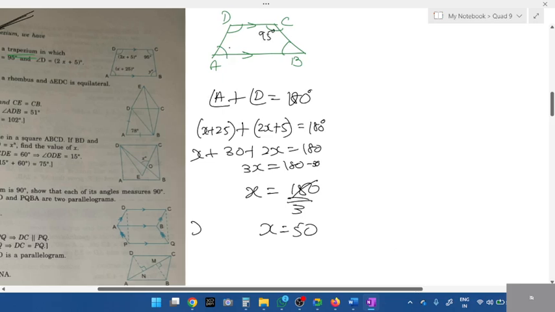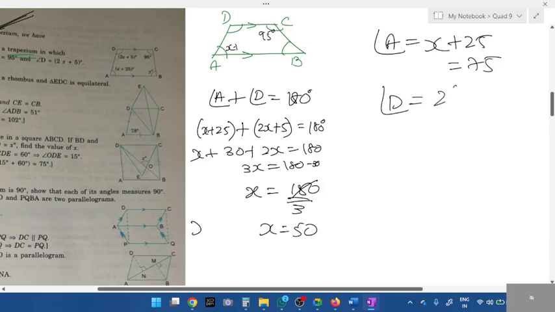So 95 is given. Tell me the value. x plus 25, what is angle A? x plus 25, 50 plus 25 is 75. What is angle D? 100 plus 5 is 105.